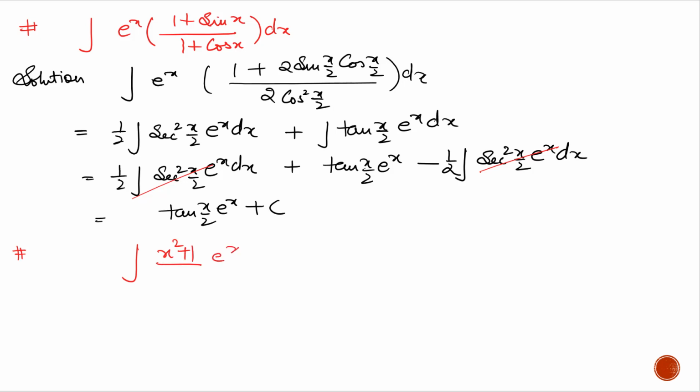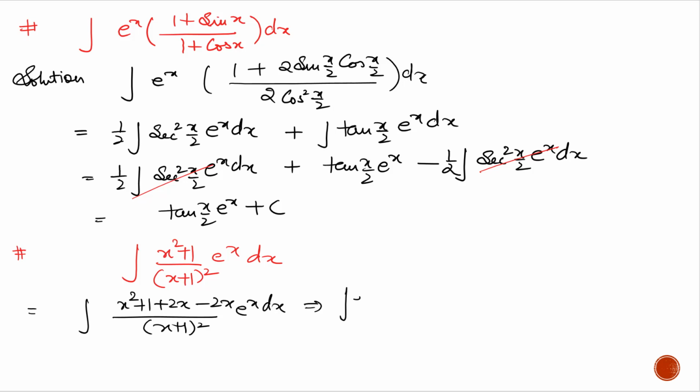Next example, (x square plus 1) divided by (x plus 1) whole square into e raised to power x. Now in the numerator we add 2x and subtract 2x, and after simplification we'll get (x plus 1) whole square divided by (x plus 1) whole square into e raised to power x, minus twice of x divided by (x plus 1) whole square e raised to power x. The integration of the first part is e raised to power x.